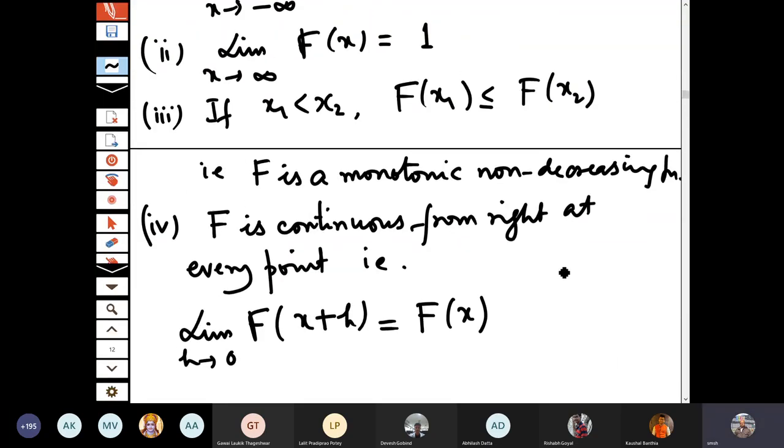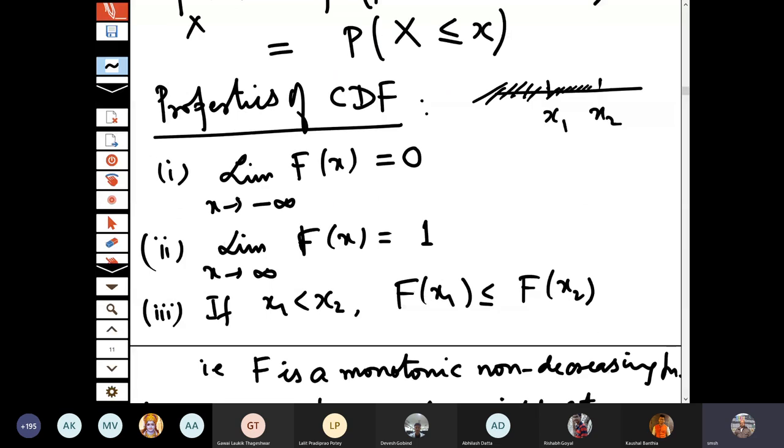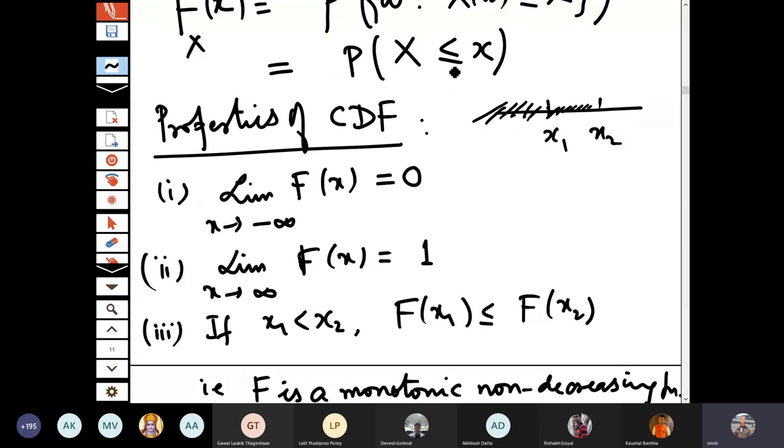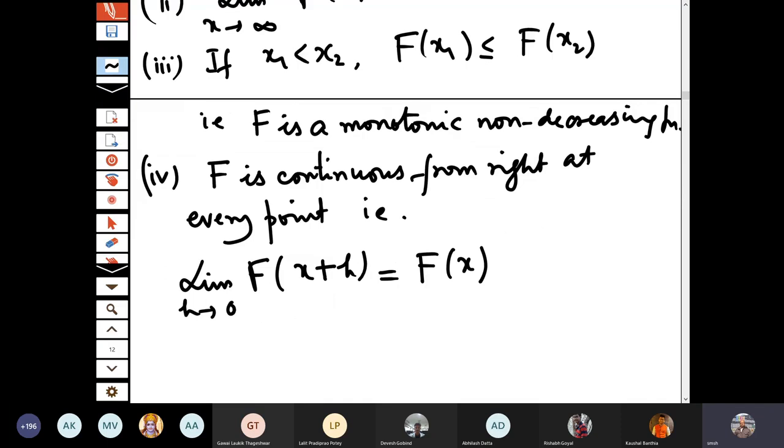That is because of the way that we have defined it. We have defined F(x) as the probability of X less than or equal to x. So if we approach from the right-hand side, the value at this point will be the same as the limit at that point. So the function F is continuous from the right at every point.